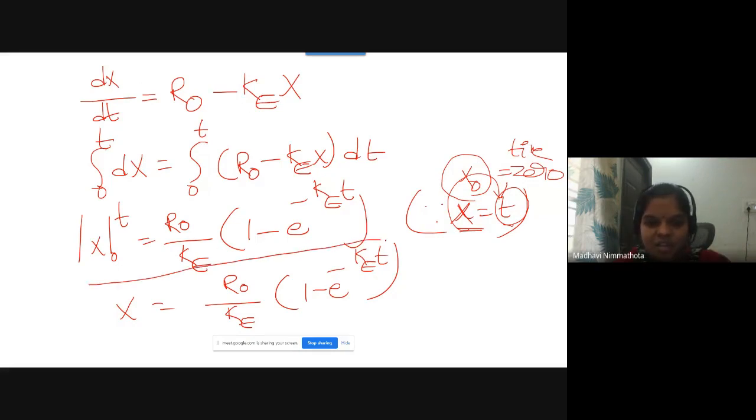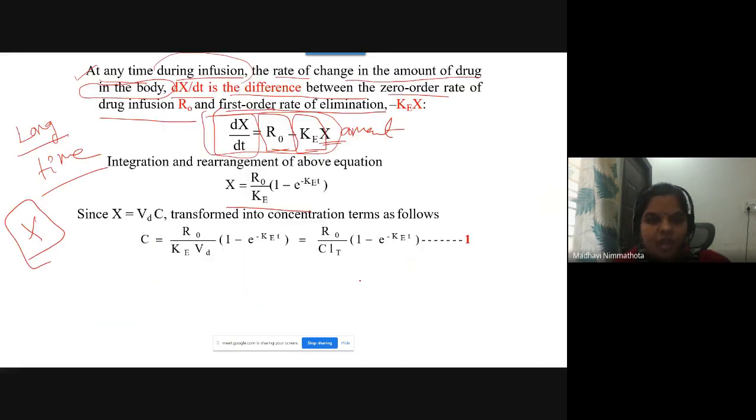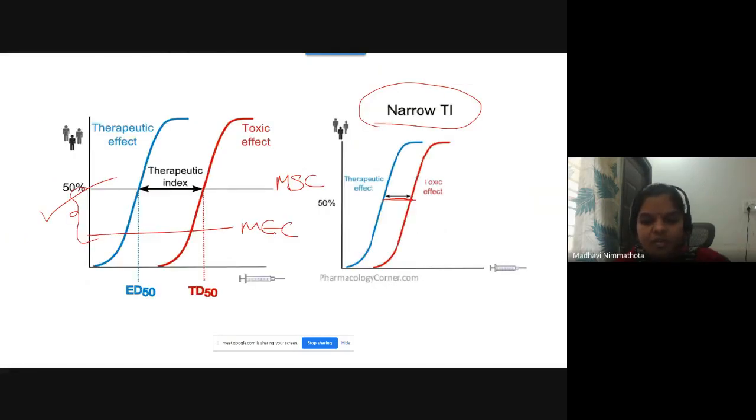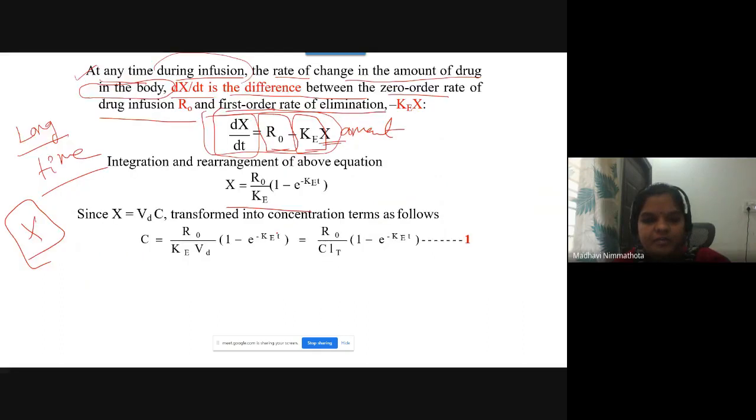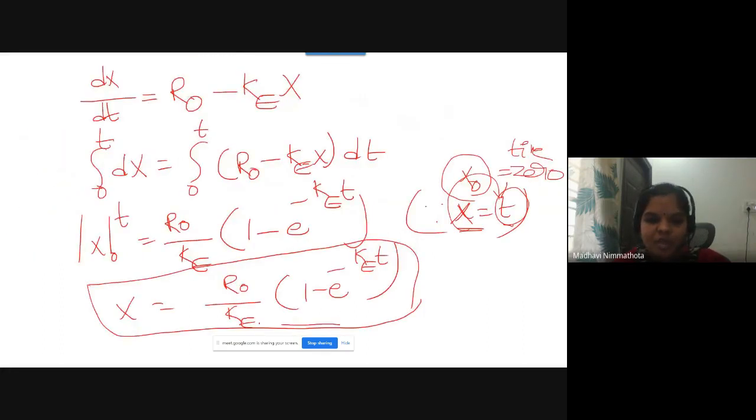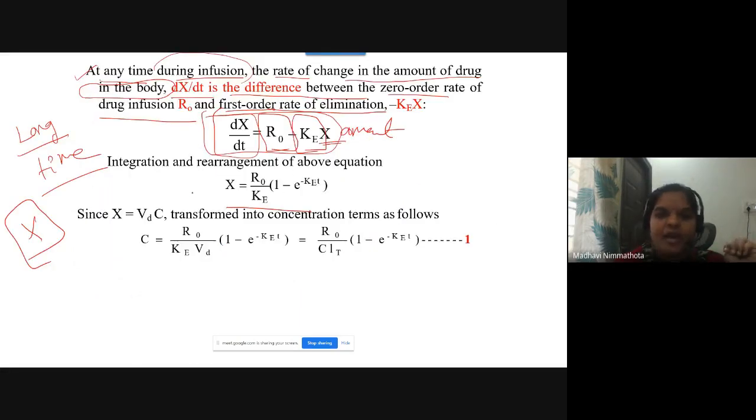This equation is directly written in your textbooks. That's what we get here: R0 by Ke into 1 minus e to the power of minus Ke t. So that is the derivation. From this integration and rearrangement of the equation, we get this equation.